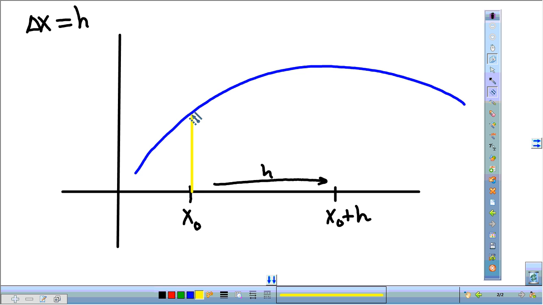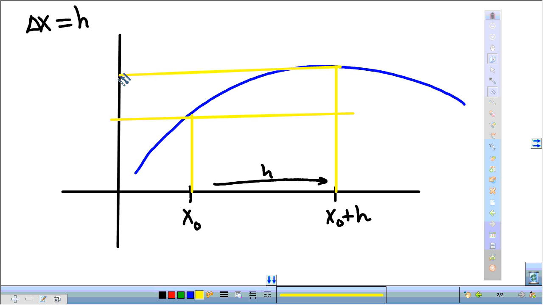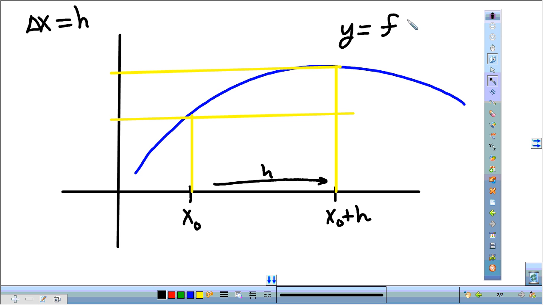For each of those values, we have a point on our curve. So if our curve is given as y equal f of x, we have the one point at x0, the height will be f at x0.